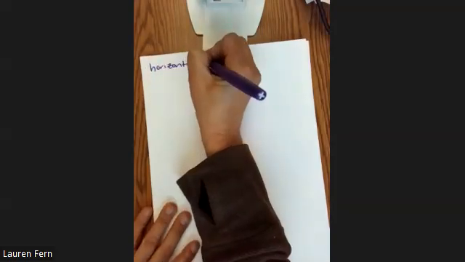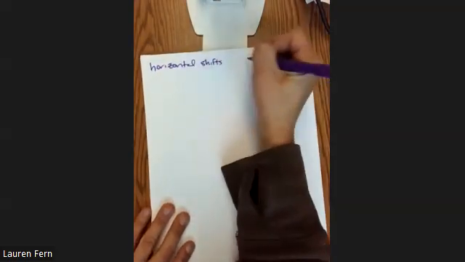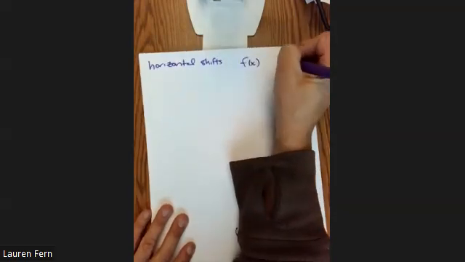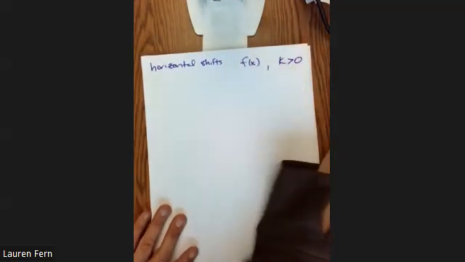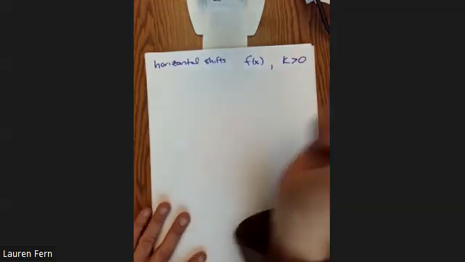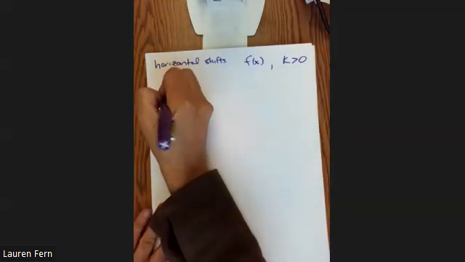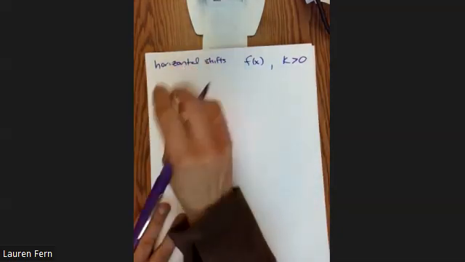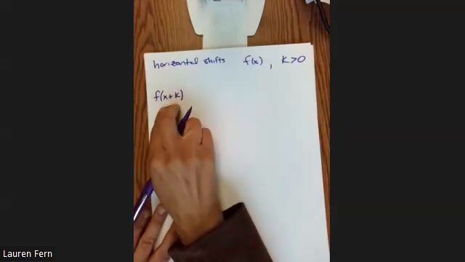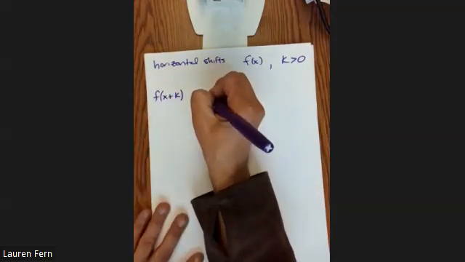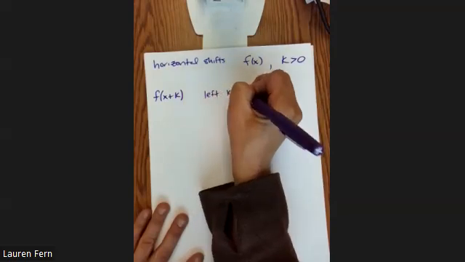So what we have now are our horizontal shifts. Again, for some function f of x, and for some constant k greater than 0, if I compute f of x plus k, that means we go left k units.